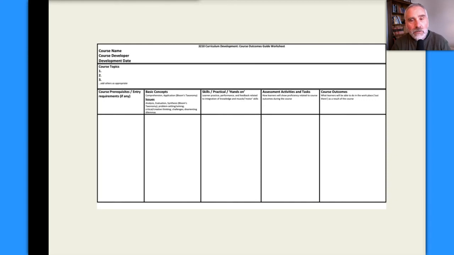Then the next step is to develop the assessment, the authentic assessment, strategies to try to capture that. Then you deal with skills, concepts, and issues, and prerequisites, and you have your outcomes guide built. From there, you're going to be developing a map, and that's a topic for later on. But basically, very simply, a map is a way of navigating from the beginning to the end of the course.